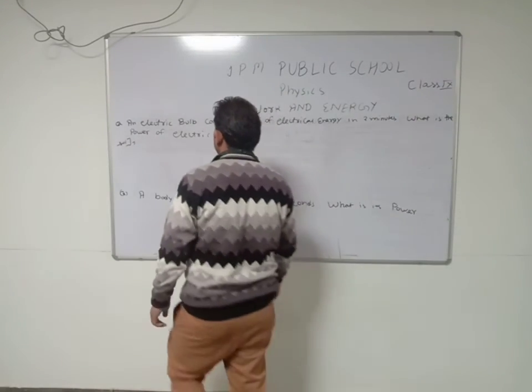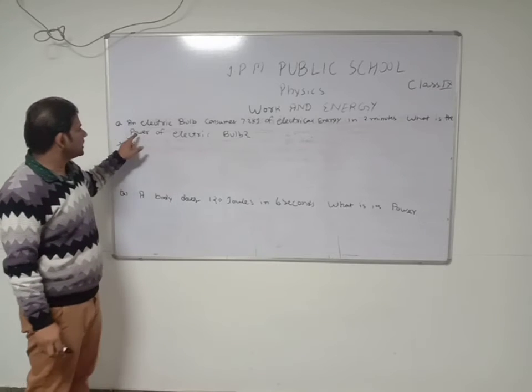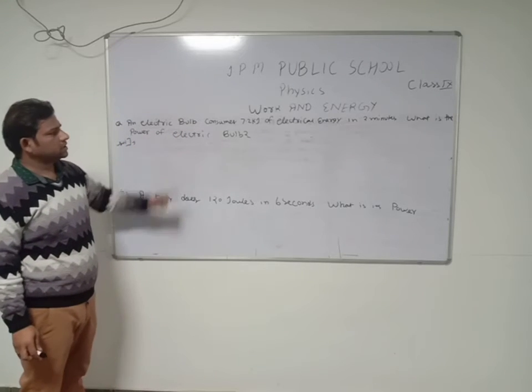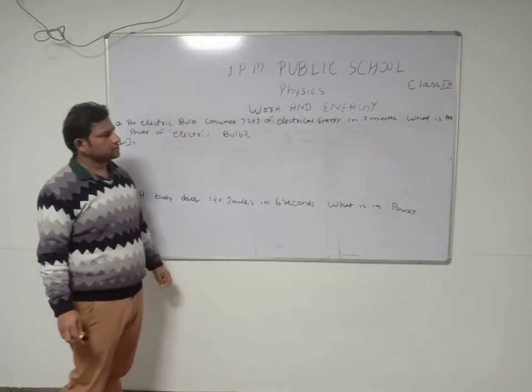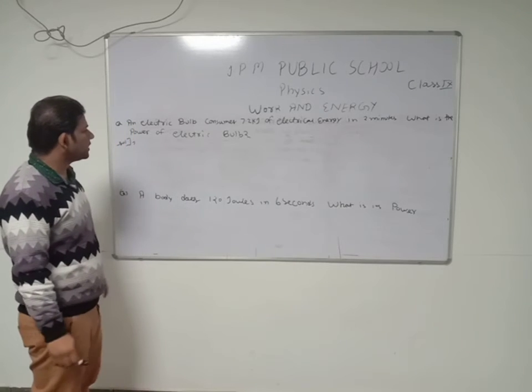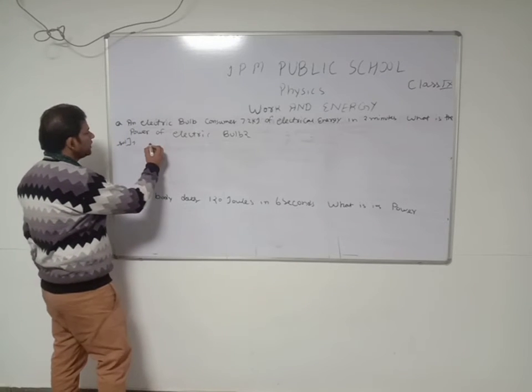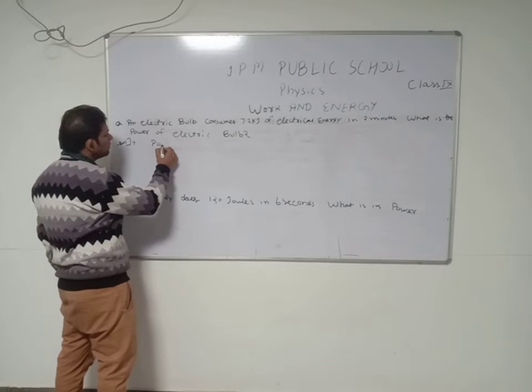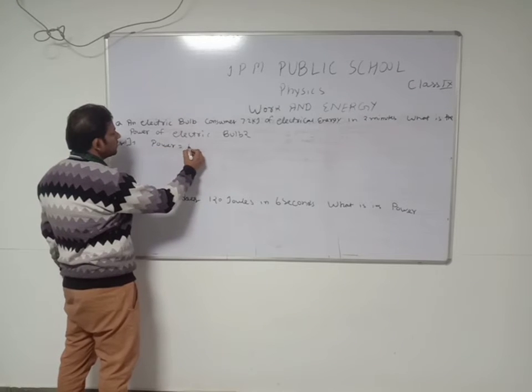Students, we start the next numerical. An electric bulb consumes 7.2 kilojoule of electric energy in 2 minutes. Then what is the power of the electric bulb? Student, do you know the formula of power? Power equals work upon time.